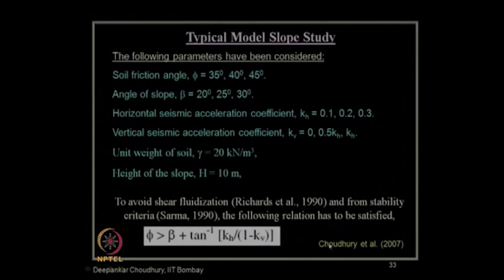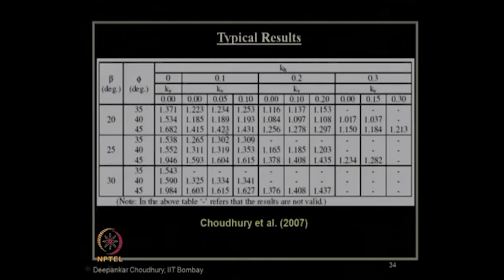Clear? So, with these parametric variations, we obtain the typical results for different soil slope angles with different values of friction angle of soil, as I have mentioned. With kh value 0 and kv value 0, these are the factors of safety under static condition, and these are the values of the factor of safety under seismic condition with different values of kh and kv. You can easily see the critical value of factor of safety keeps on decreasing as the seismicity increases, as the value of kh increases, or when the value of kv also increases, right.